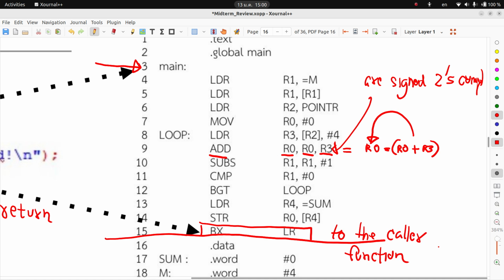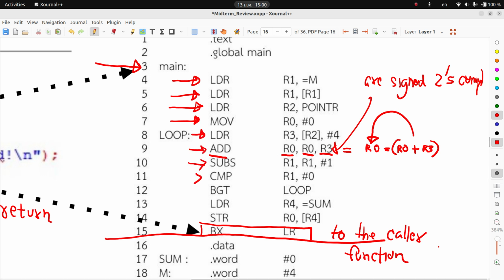I'm not going to explain this loop because it's a little bit in chapter 5, but you need to understand that the execution starts from here, and then here, and then here, and then here.